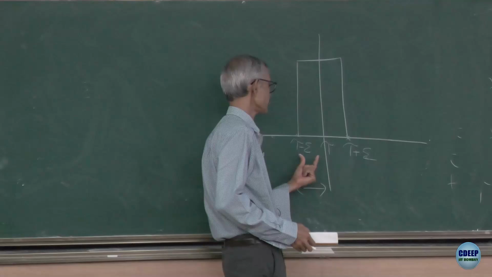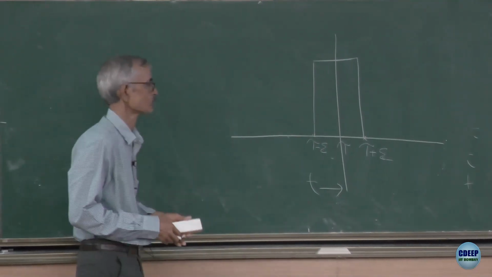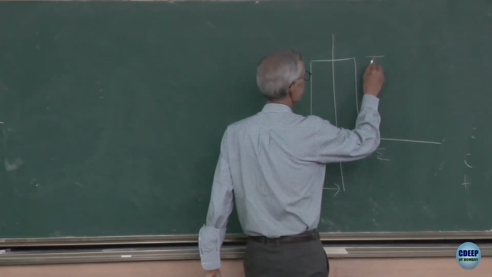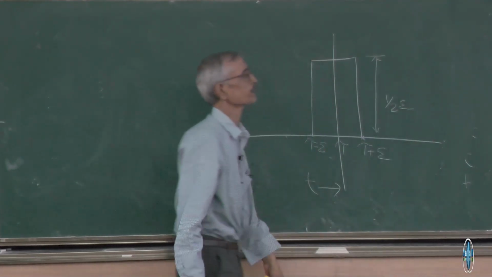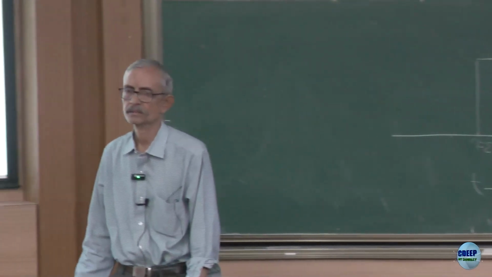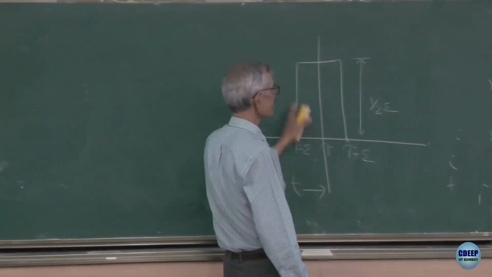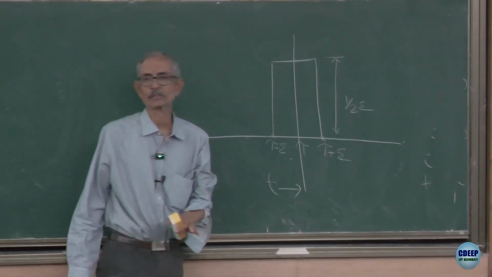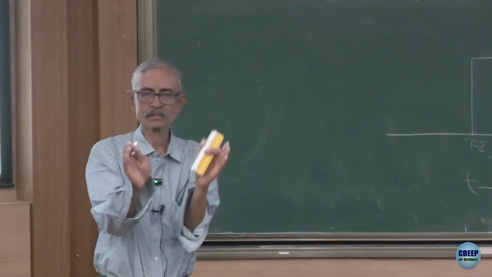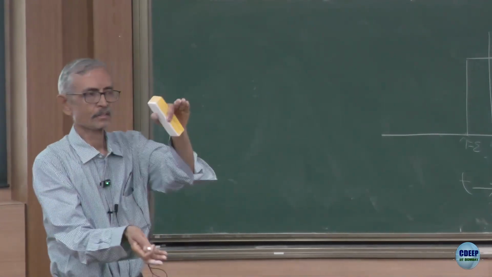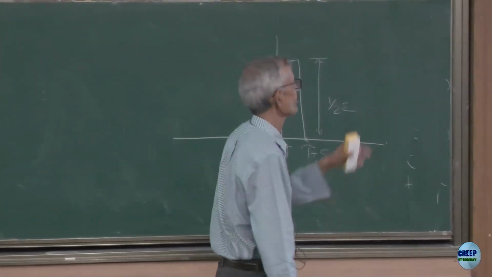At t plus epsilon and t minus epsilon, I have made this a square, and I say that the height is 1 by 2 epsilon. So the area under this curve is equal to unity, because the height is 1 by 2 epsilon and the width is 2 epsilon, and 1 by 2 epsilon times 2 epsilon is equal to 1.